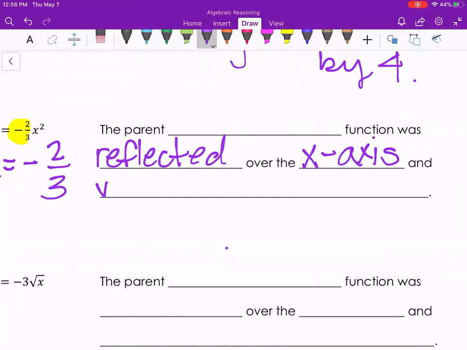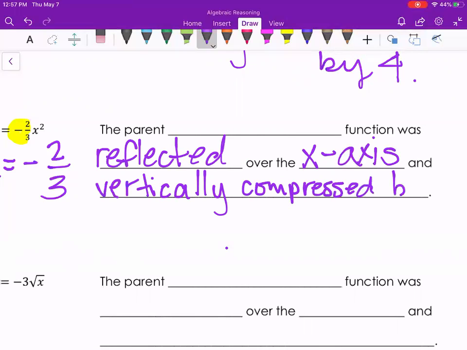And in this case, this is vertically compressed by 2/3. The last thing I need to know is which parent function this was. They have an x squared, so this is quadratic.